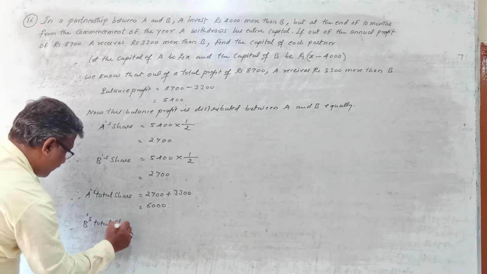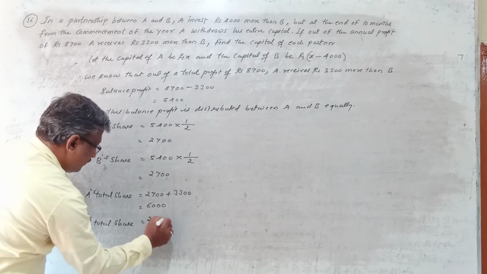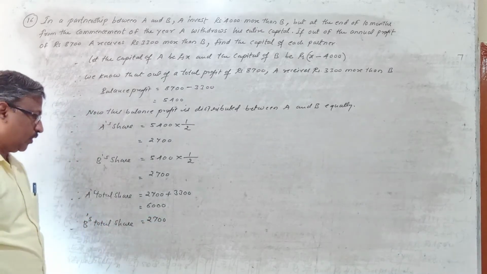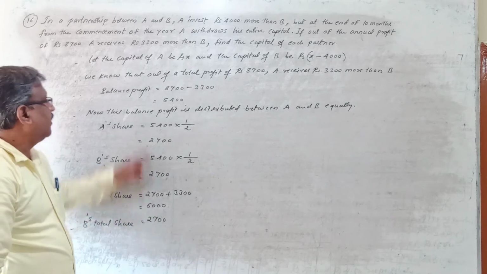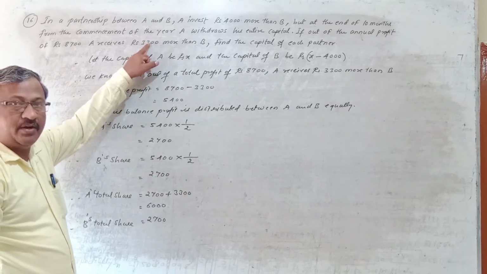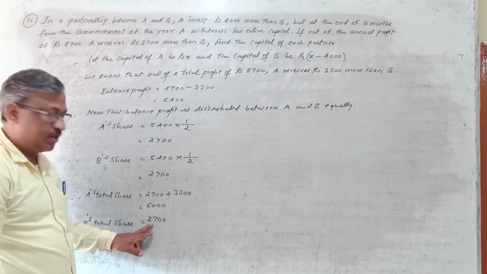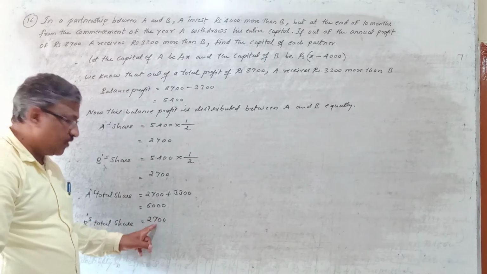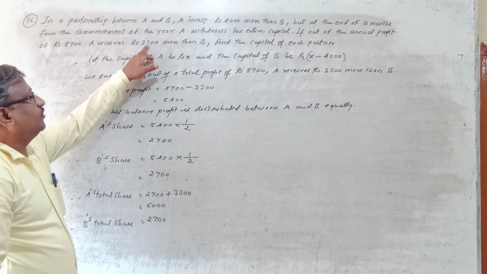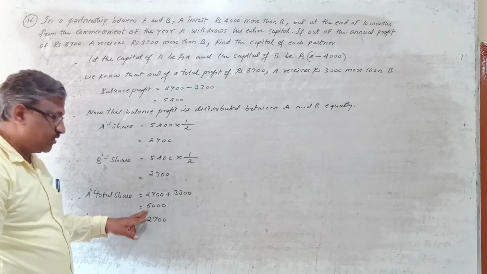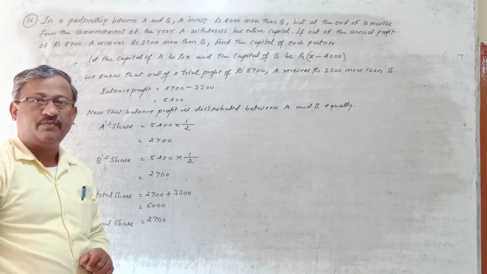B's total share is equal to only 2,700. If from 6,000 you minus 2,700, the difference comes to 3,300. That means whatever shares we have calculated are correct. If A gets 3,300 more than B, then A must get 6,000 and B must get 2,700. So these are the total shares of A and B.